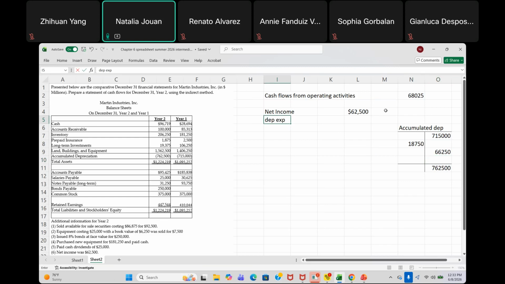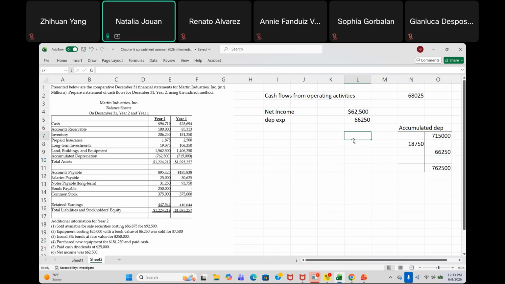Do not worry, I will not ask you to compute this number. I usually give it to you, but this was kind of fun to do. So for depreciation expense, we're adding back 66,250. Then we are going to see if we have any gains or losses.